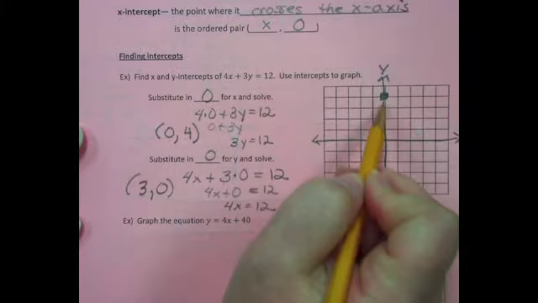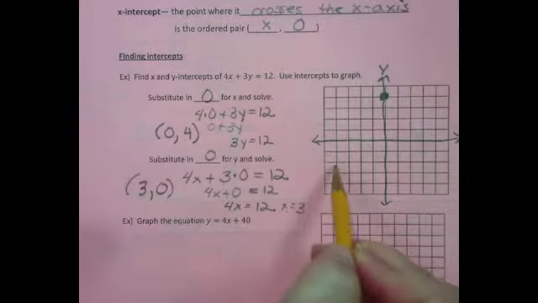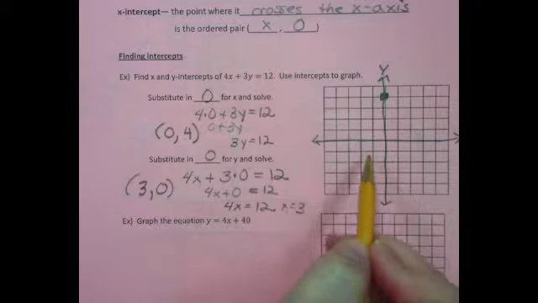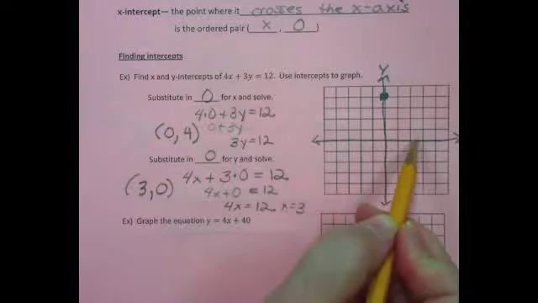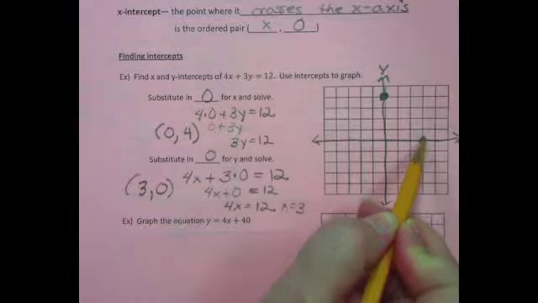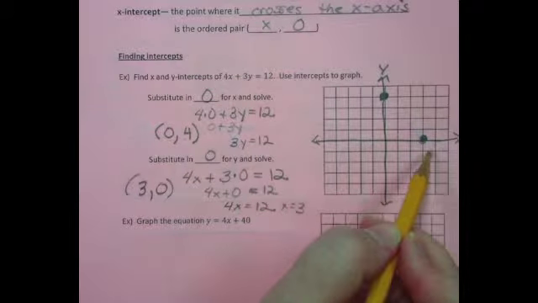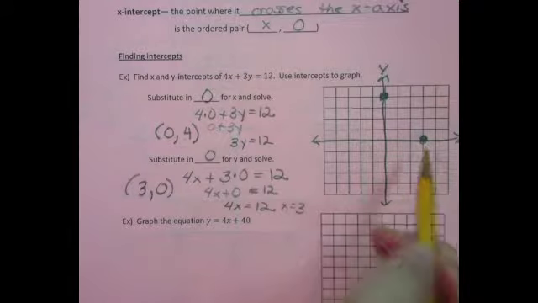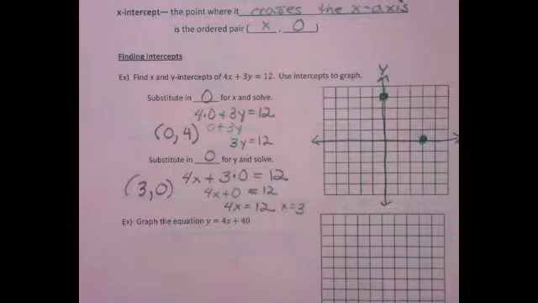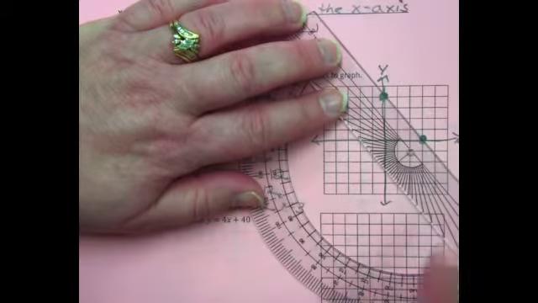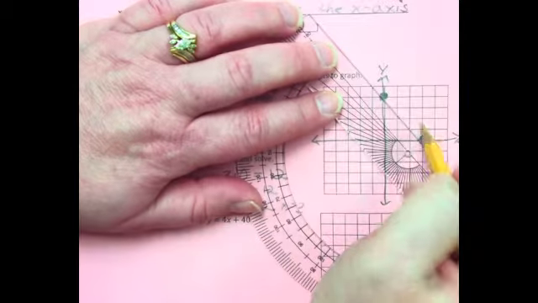There is my y-intercept. 3, 0 means I go 3 to the right and no up or down. That's called my x-intercept. It's where it crosses the x-axis. And now we'll use a straight edge and graph the rest of our line. Make sure you do use something straight so you're graphing very neatly.